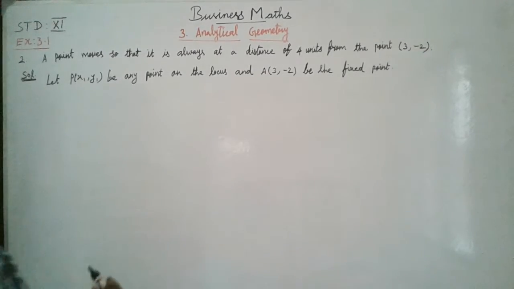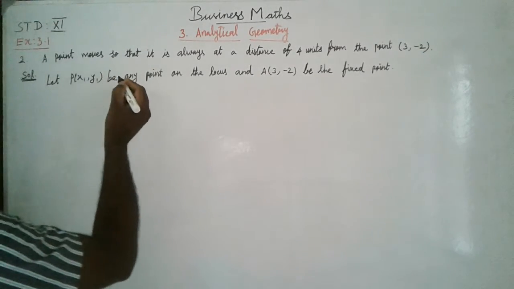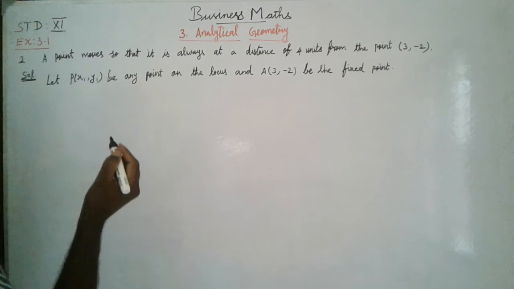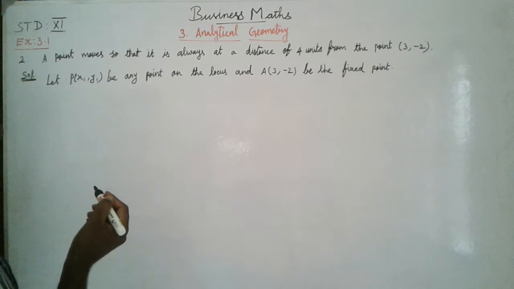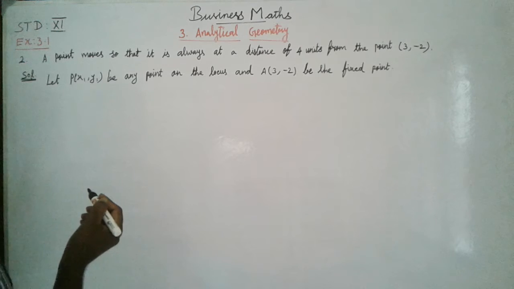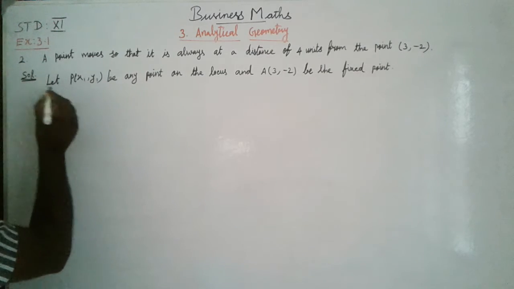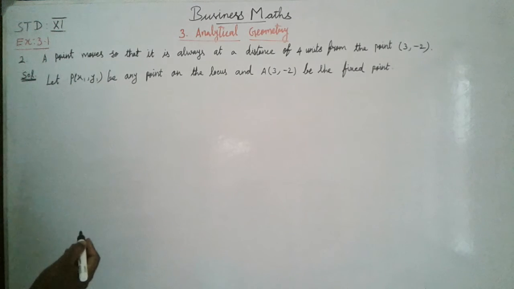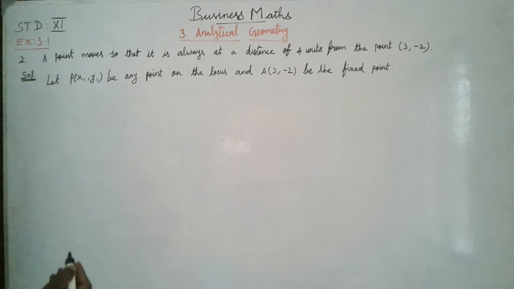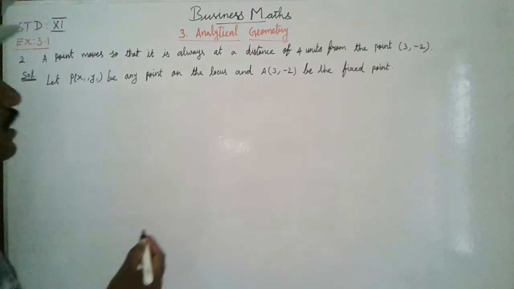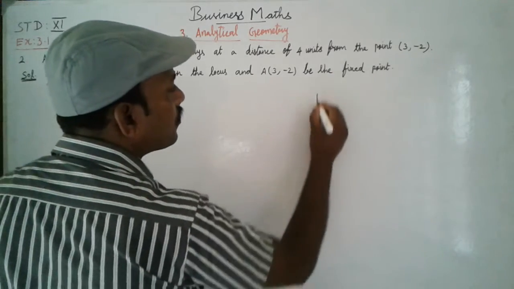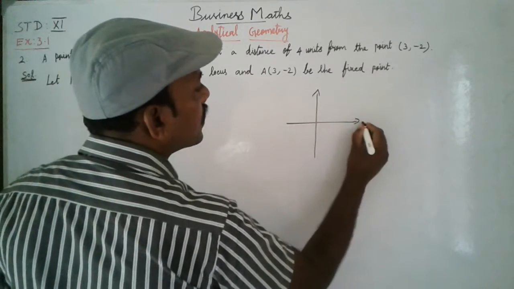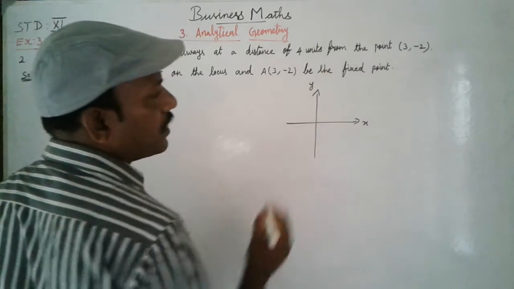Question number 2. A point moves so that it is always at a distance of 4 units from the point (3, minus 2). Solution: let P of x1 comma y1 be any point on the locus and A of 3 comma minus 2 be the fixed point. So we should take the x axis and y axis.